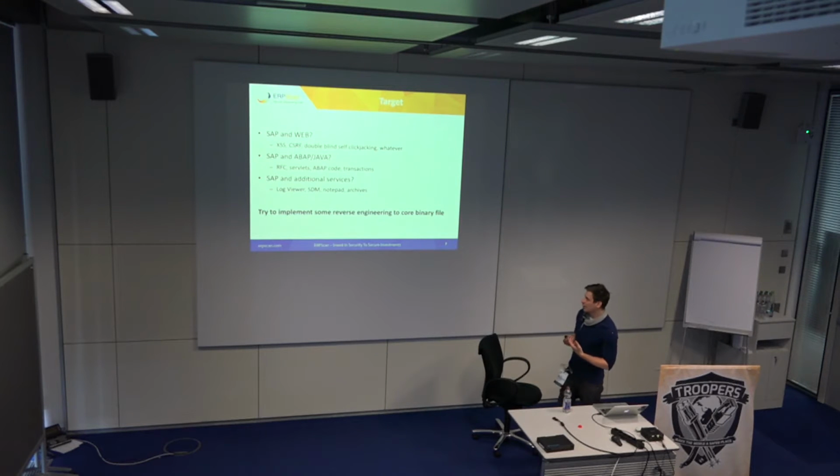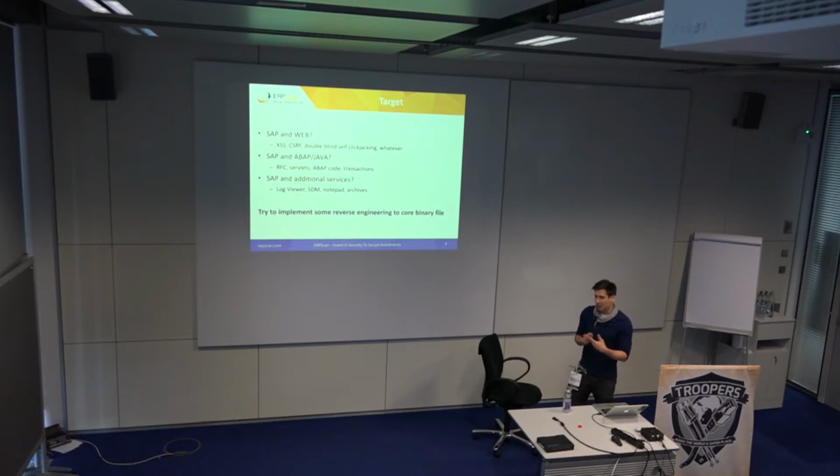How can we do that? There probably exist a lot of ways. We can try to attack the web part of SAP using typical web attacks like cross-site scripting, CSRF, SQL injection, whatever. Also, we can try to use specific issues and problems of the ABAP or Java stack of an SAP system.